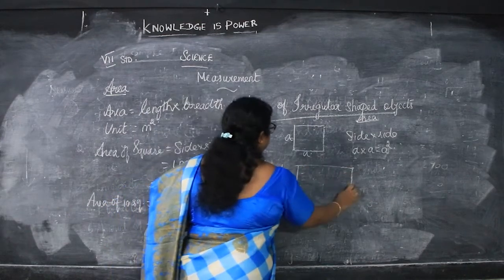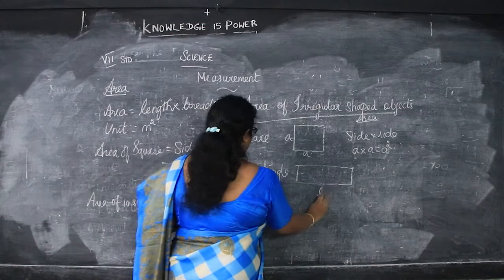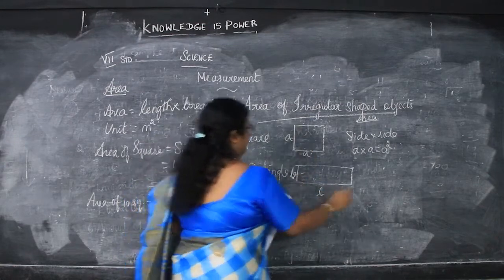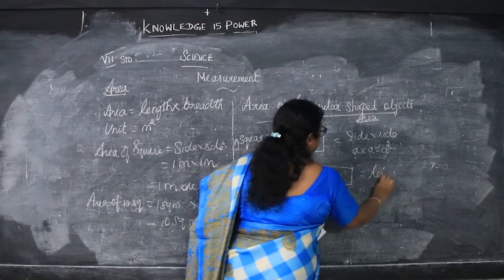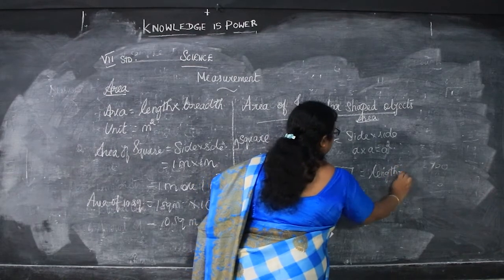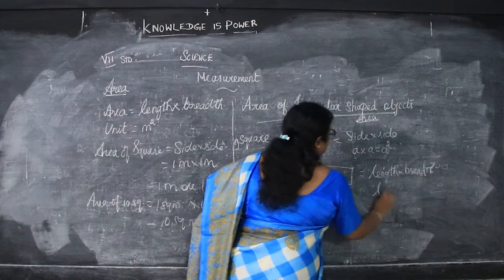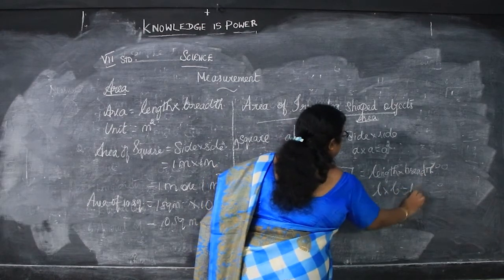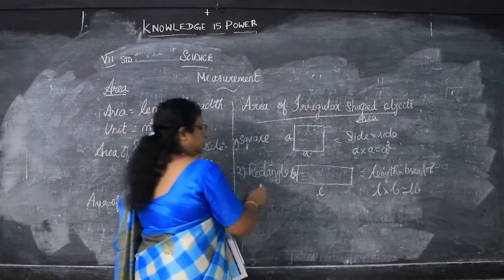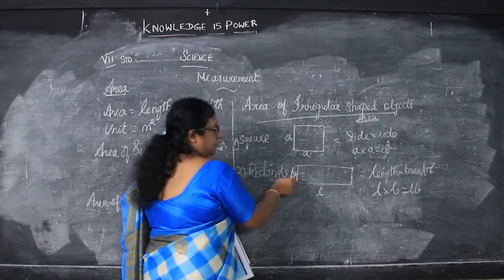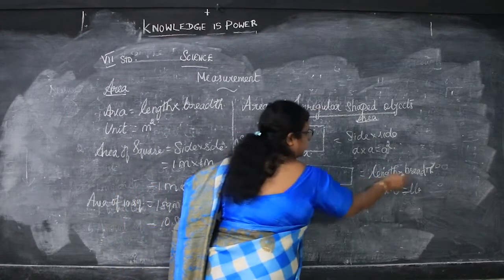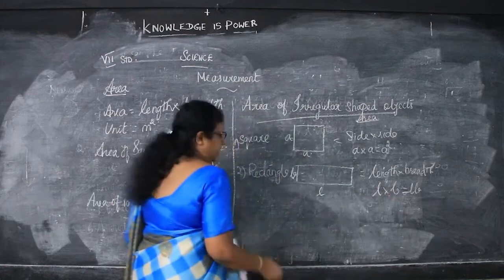In this diagram we have length and breadth. So the area for this is length into breadth, that is L into B gives LB.